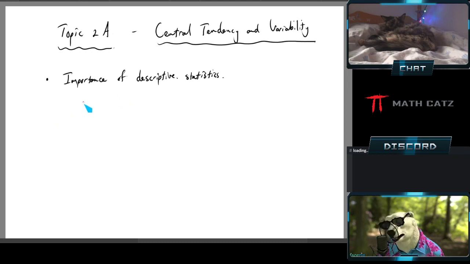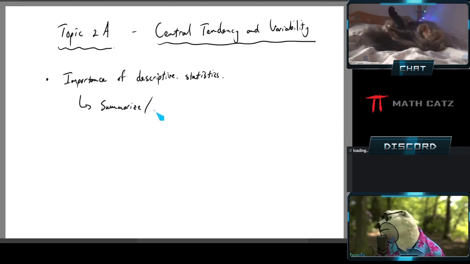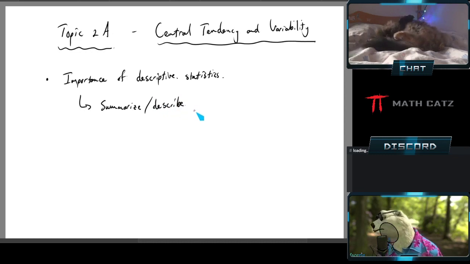But more than that, we want to summarize the data by way of one, two numbers. And that can be used to describe the data as well. We want to summarize the distribution of the scores that we have, as a single number.